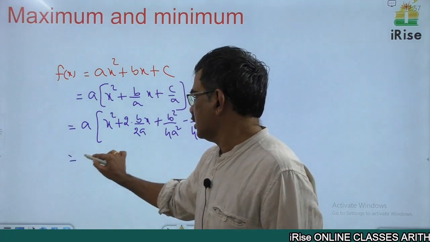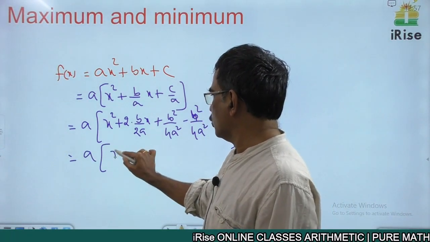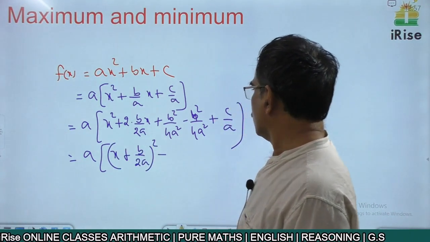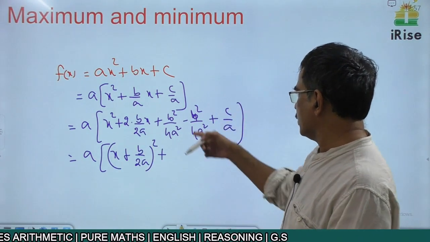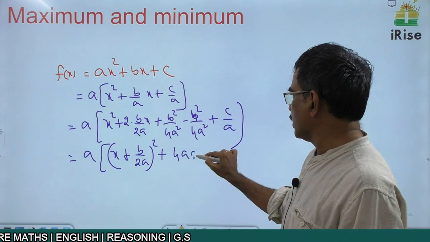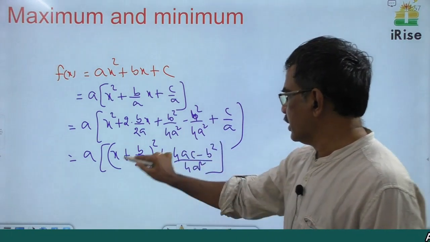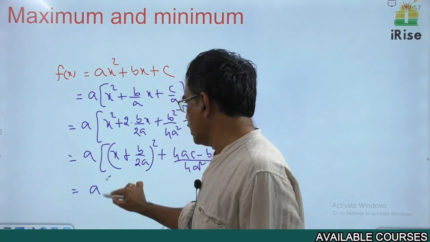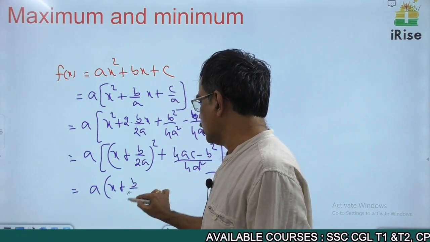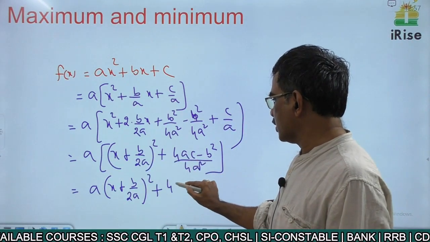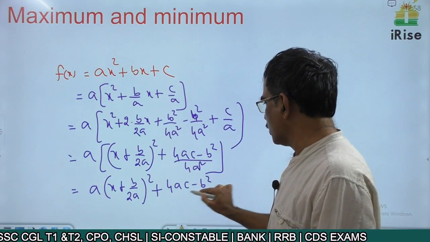Here the first 3 terms are in the form of a into x plus b by 2a whole square, plus, if you simplify, this is nothing but 4ac minus b square by 4a square. Then multiplied by a: a into x plus b by 2a whole square plus 4ac minus b square by 4a.